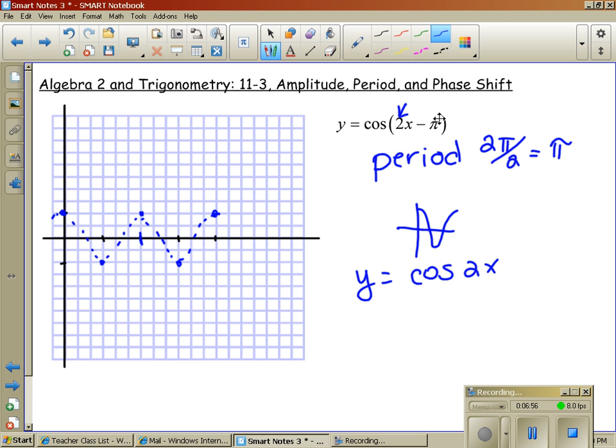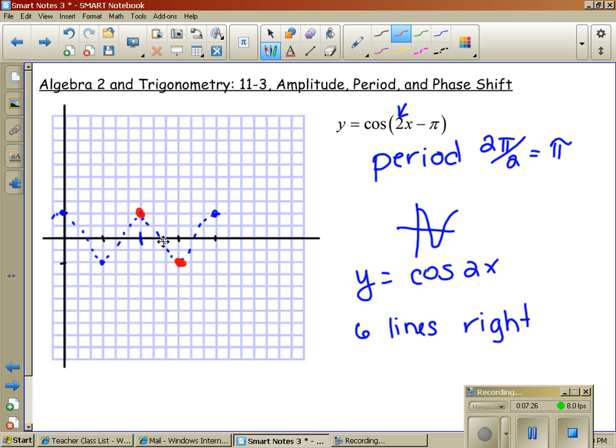Now I have to shift it pi. Well, pi is 1, 2, 3, 4, 5, 6 lines. Negative is to the right. Take this point. 1, 2, 3, 4, 5, 6.